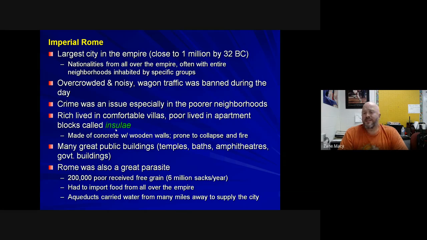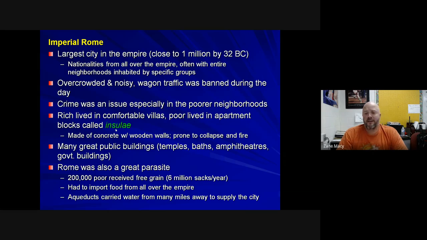It was like any modern city, and now we have so many more things that could create noise and traffic that it wouldn't even have to be 1 million strong. But you've got an ancient city here with 1 million people in it.